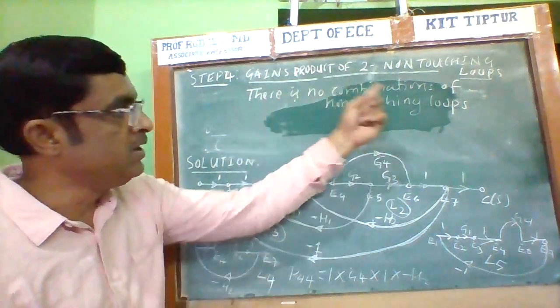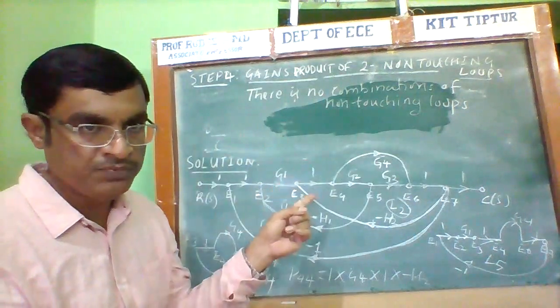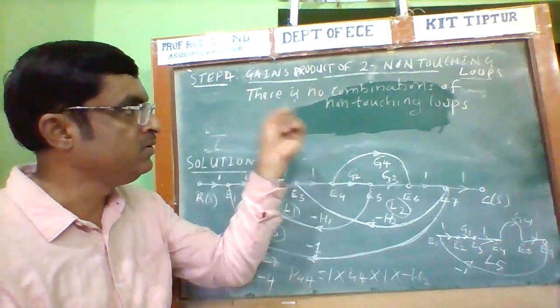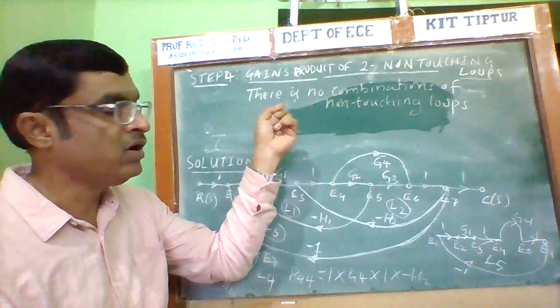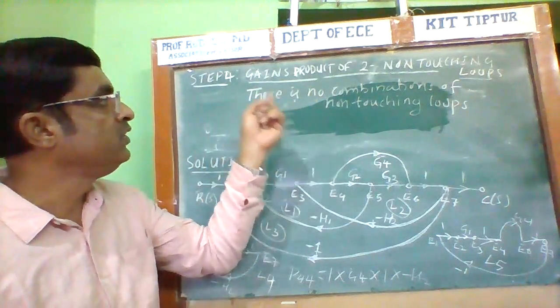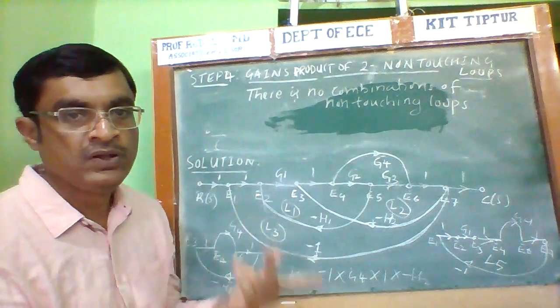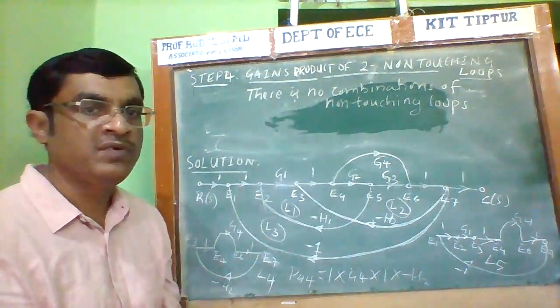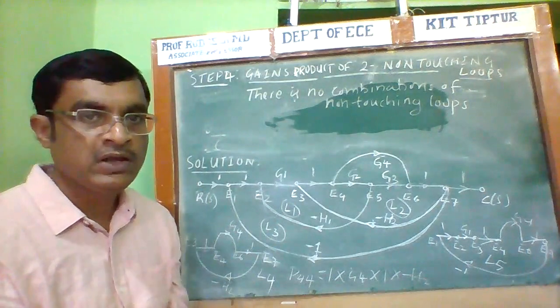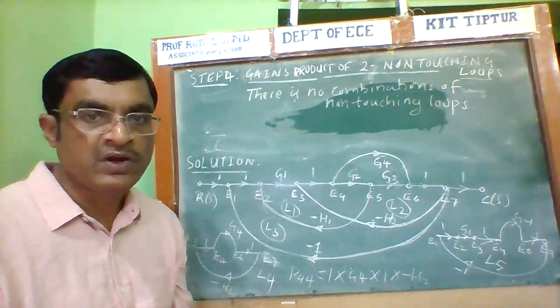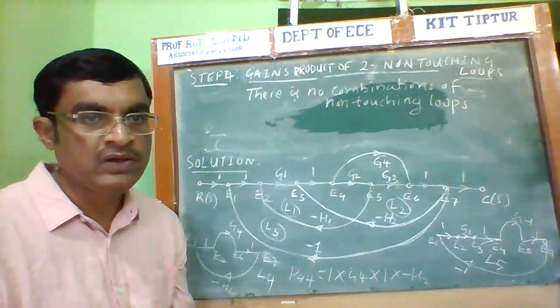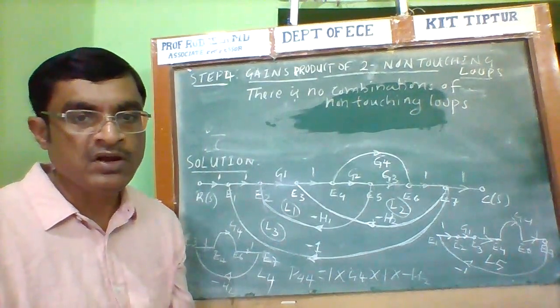Therefore, there are no combinations of non-touching loops, so the gain product of non-touching loops is 0. In the next step, step 5, we go for calculating the delta value, the determinant of the graph.